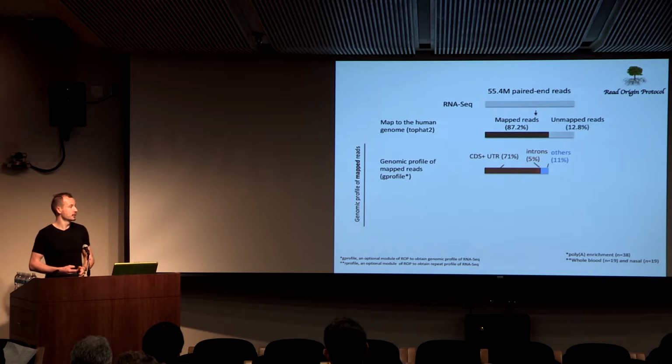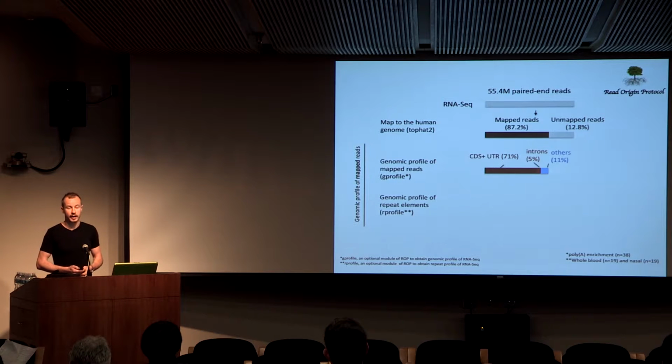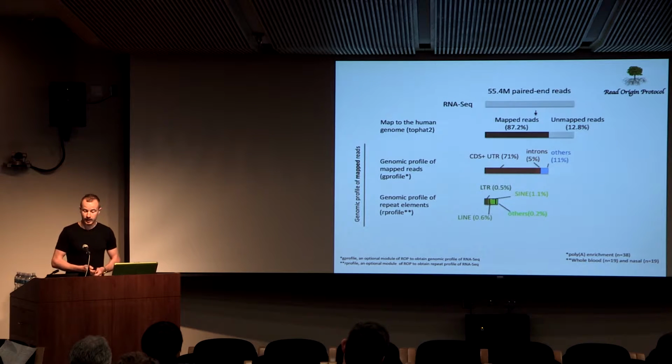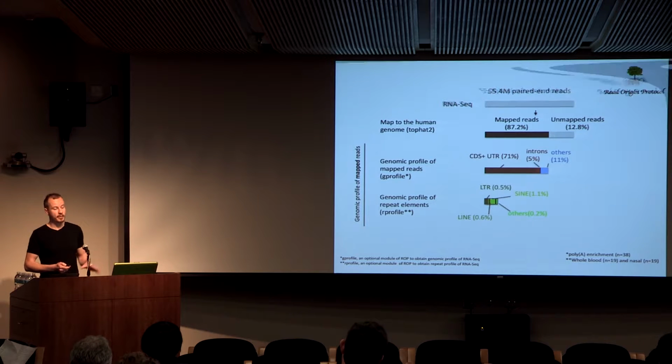That's useful to benchmark new sequencing technology as well as estimate sample degradation. The other module is RProfile, which quantifies the reads according to repeat elements. So this was about the mapped reads.